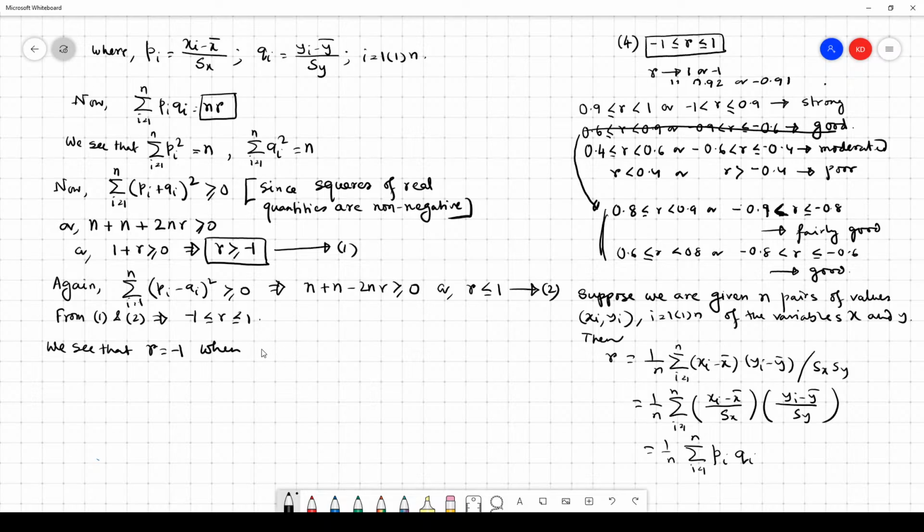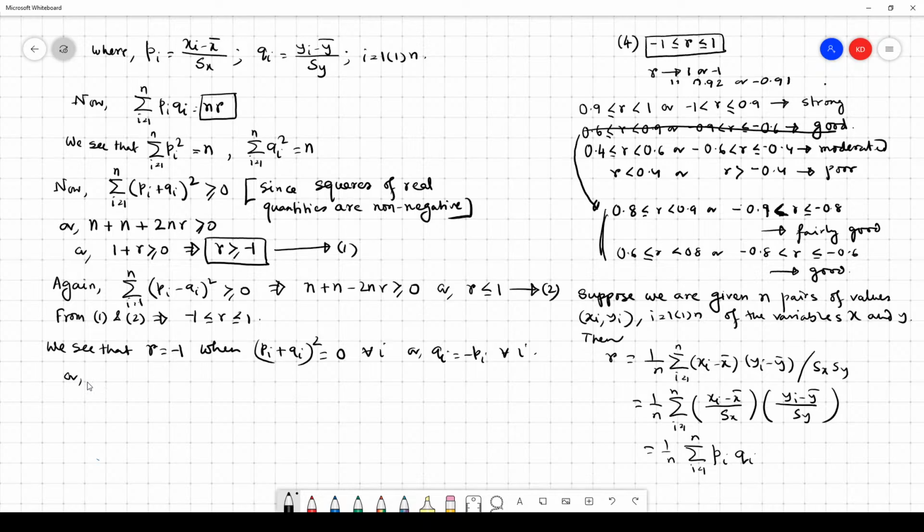So this means pi plus qi whole square equals 0 for all i, or qi equals minus pi for all i.